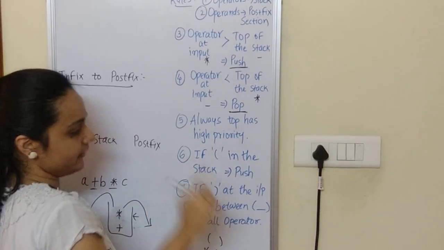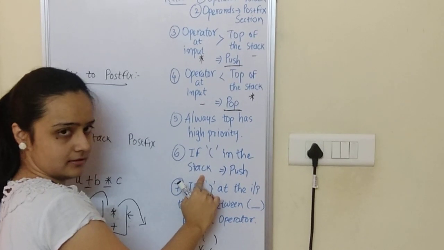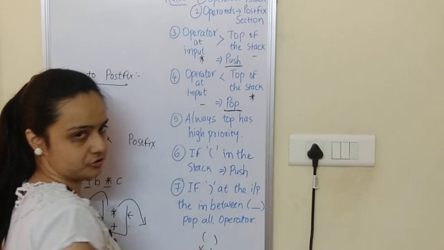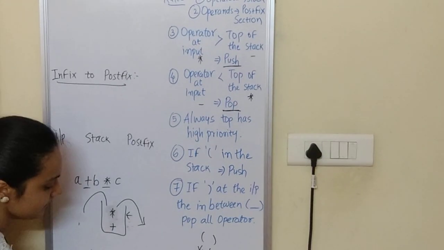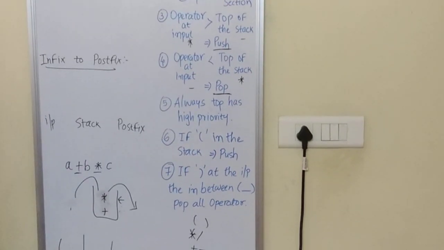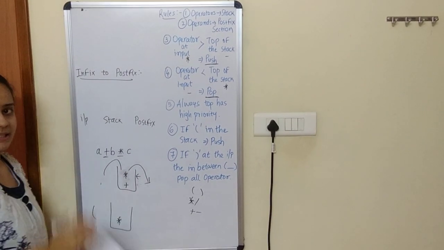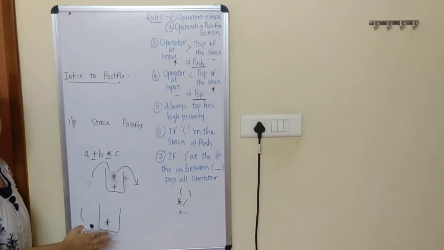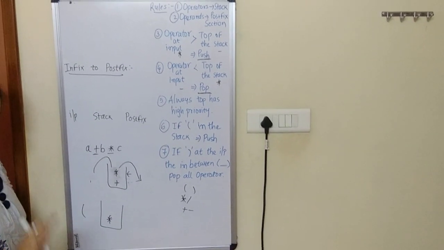Then next is if I found left parenthesis in the input, then I have to simply push this. For example, if I have the multiplication in the stack and I found parenthesis, so I am directly pushing this. There is no condition for checking the priorities between them. I just simply push this element. Fine?